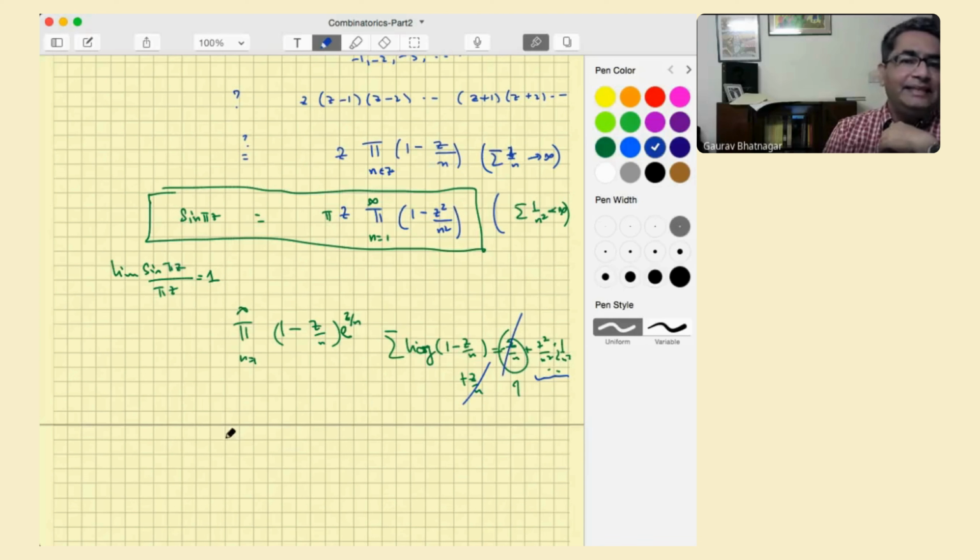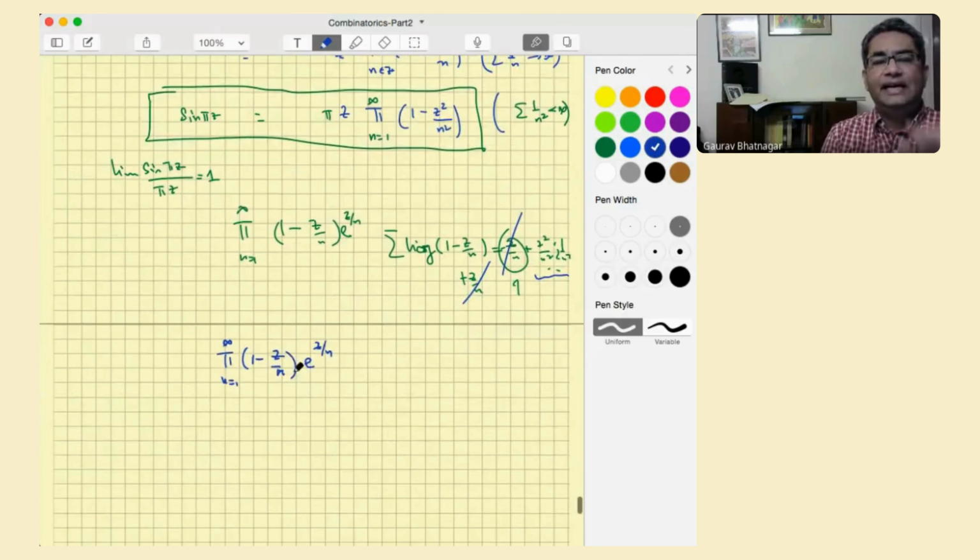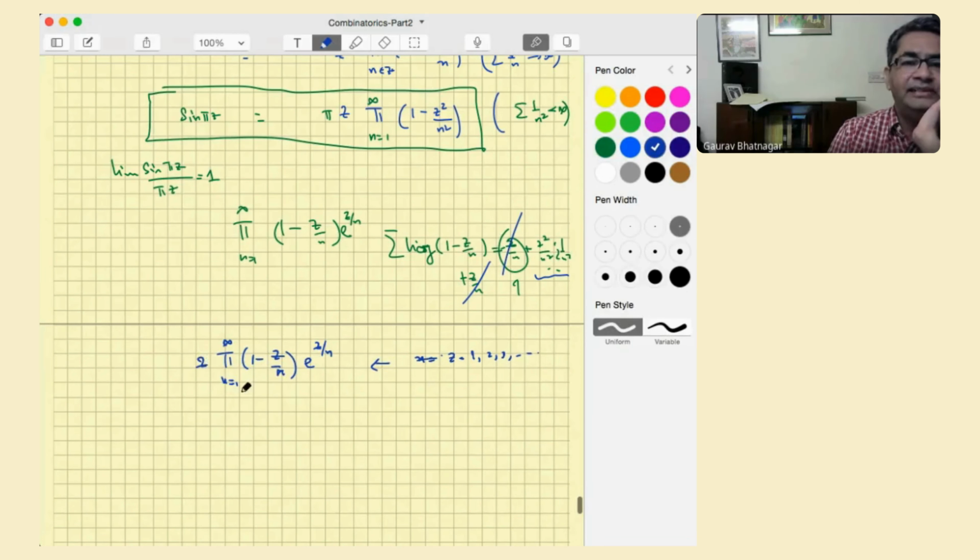So when I'm writing this, I'm actually saying 1 minus z over n, and I add a factor to make sure it converges, then this function has roots at z equal to 1, 2, 3, and so on. This is the function. Anything else is something which is never 0, so some entire function like this.